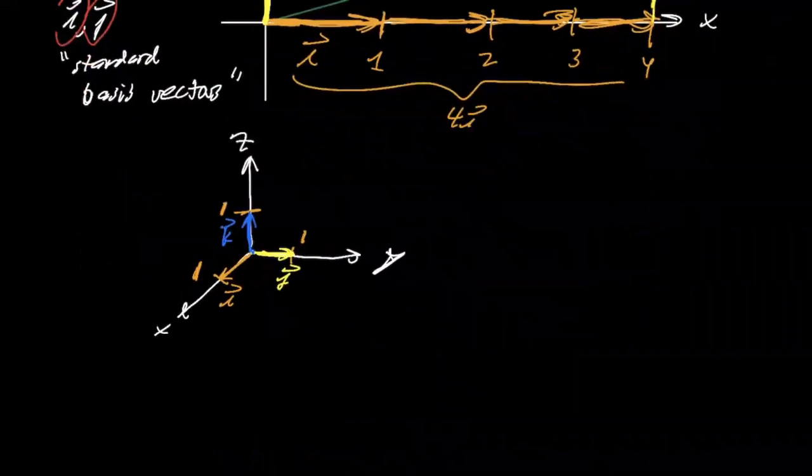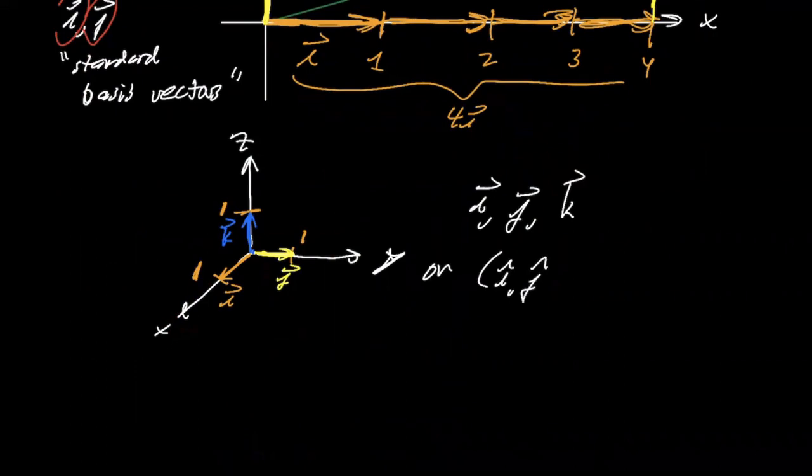Similarly, in space, I can go by some number of i's, some number of j's, some number of k's, and I'll get to some point in space. Like I said, ijk or i hat, j hat, k hat. Some books use that. I think our book just uses the ijk.